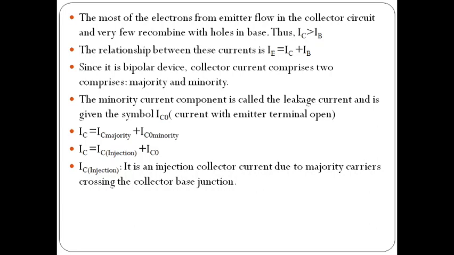So the injected carriers plus the minority carrier current. IC injection is the collector current due to the majority carriers crossing the collector base junction. Yes. So the collector current is the sum of majority carrier current plus minority carrier current. Clear?